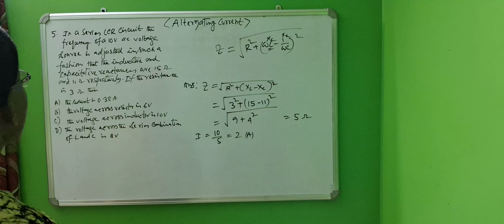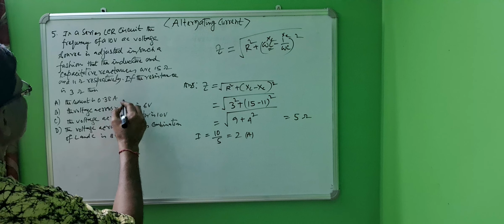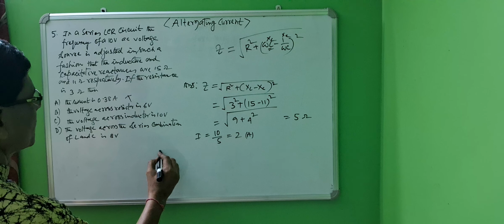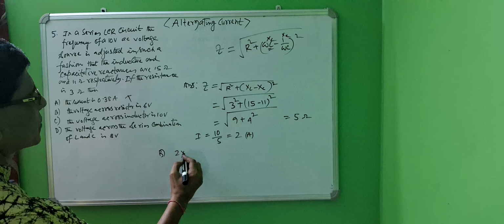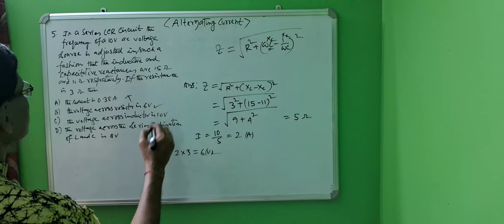So the current option is wrong. Option B, the voltage across the resistor is 2 into 3 equals 6 volt. This one is right. B is the right answer.